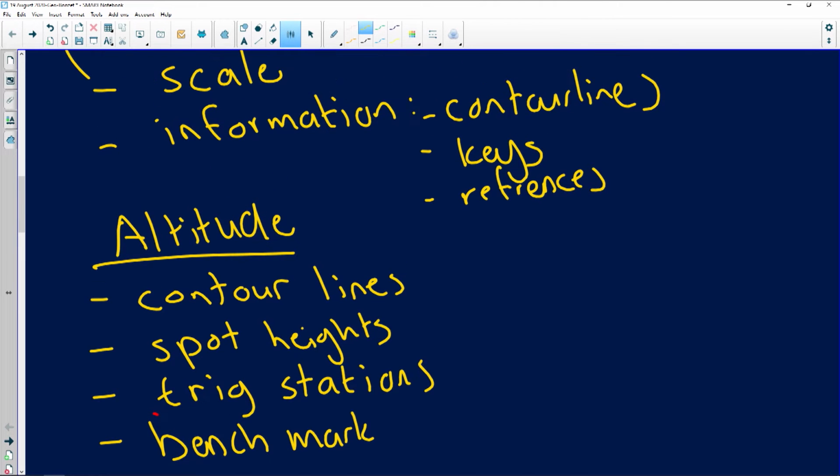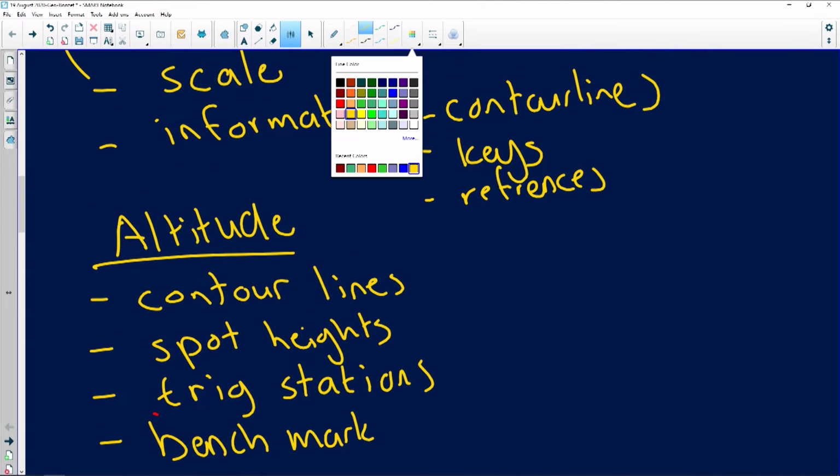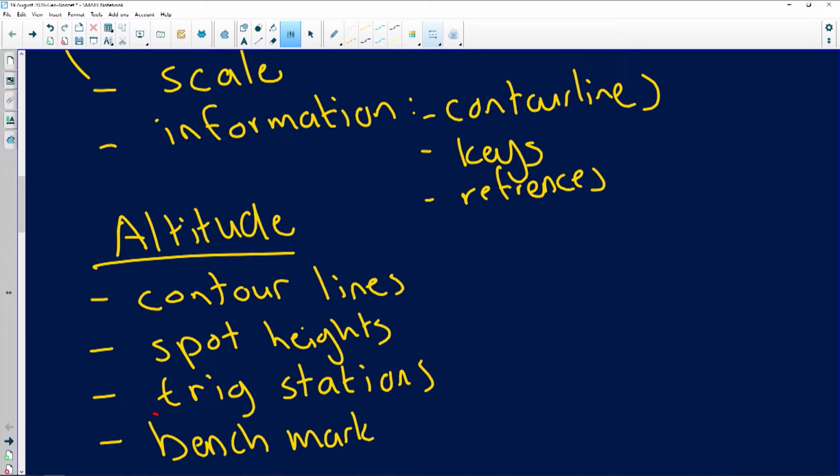When we look at contour lines, keep in mind we use 2 different types of interval: on our orthophoto map, a 1 to 10,000 map, and a 1 to 50,000 map. That's our topographical map. On the orthophoto, the contour interval is 5 meters, so each line will represent 5 meters. The next one will be 10, 15. On a 1 to 50,000 topographical map, the contour interval is 20 meters.